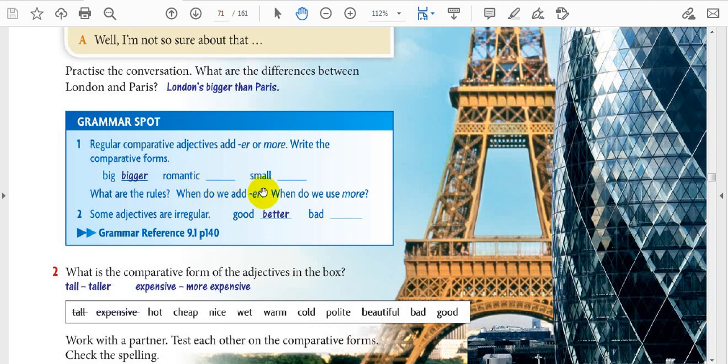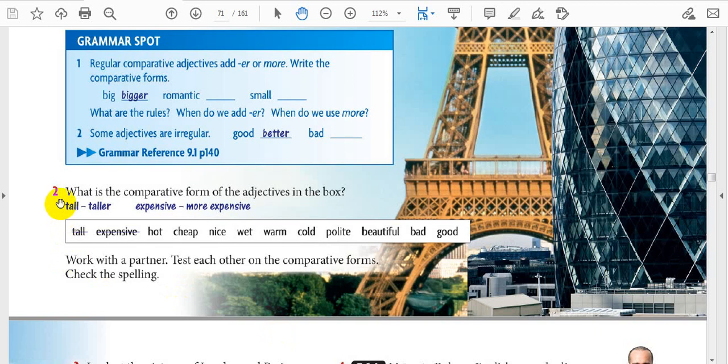Small is 1 syllable and ends with a consonant, so we add just ER. What are the rules? The second is that some adjectives are irregular, like good, better, bad, worse. Here is the grammar spot for adding ER or more, for the regular and irregular.